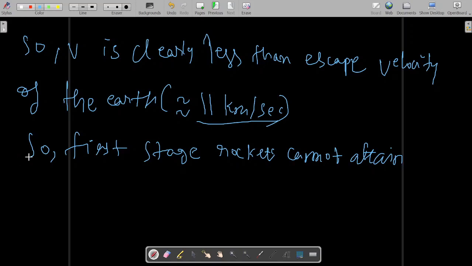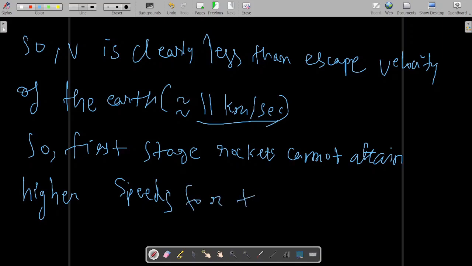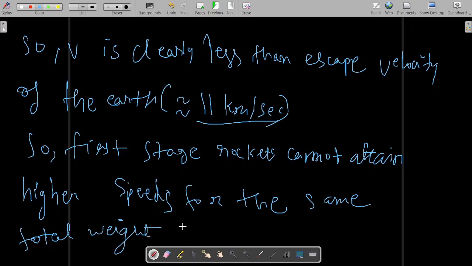First stage rockets cannot attain higher speeds for the same total weight and total fuel supply.